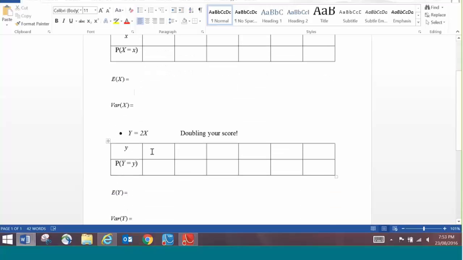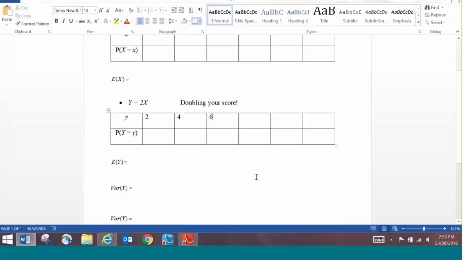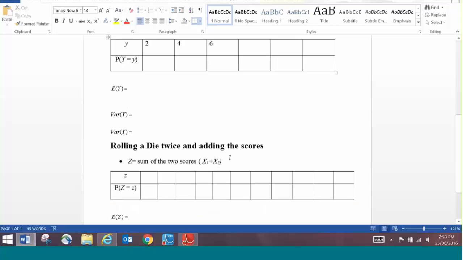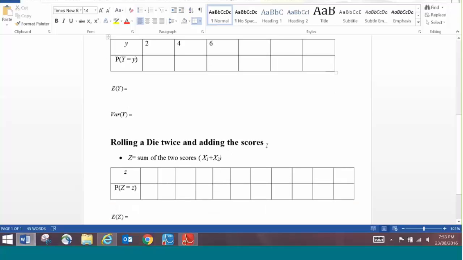If they were to double their scores, you would put in 2, 4, 6, etc. And if you were to roll a die twice and add the scores, the results would of course be the numbers 2 through 12.